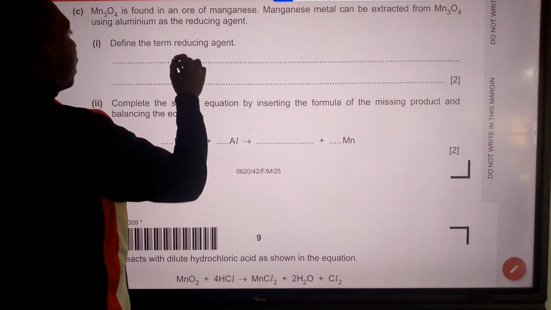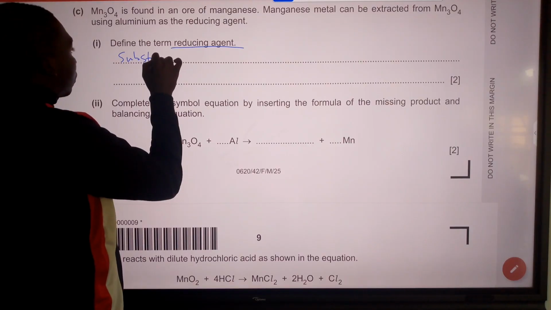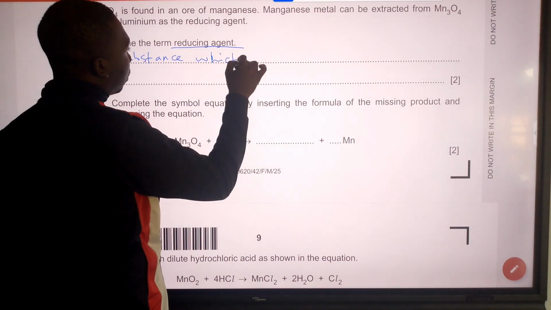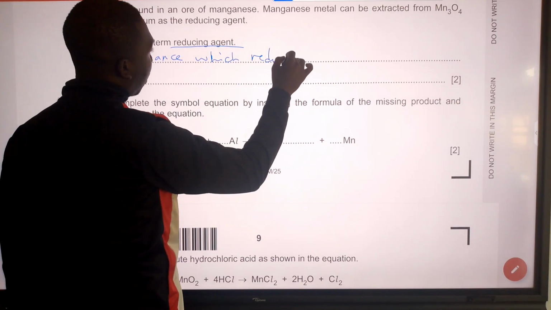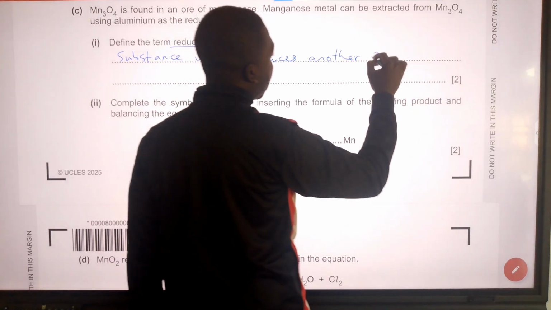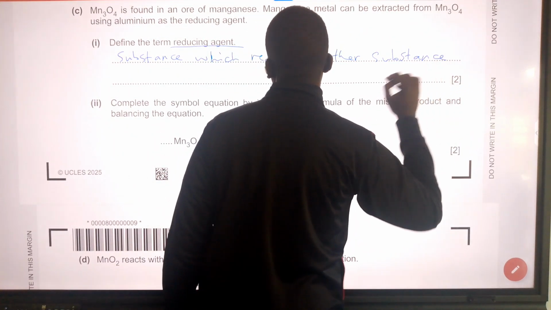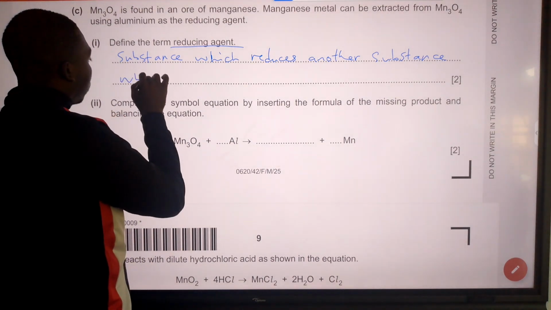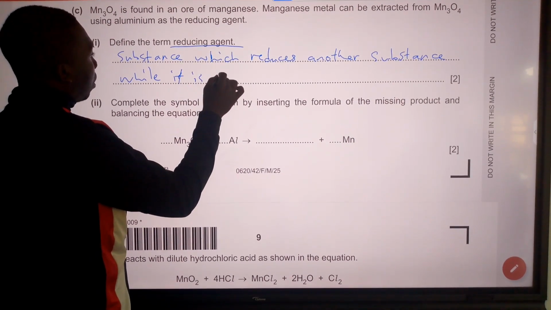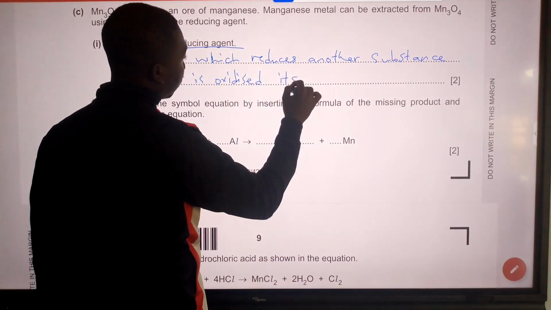The term reducing agent is a substance which reduces another substance while it is oxidized itself.